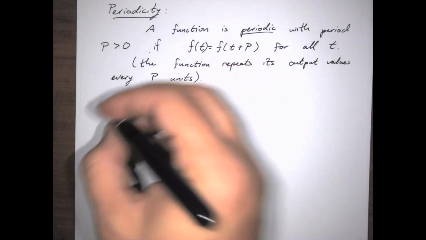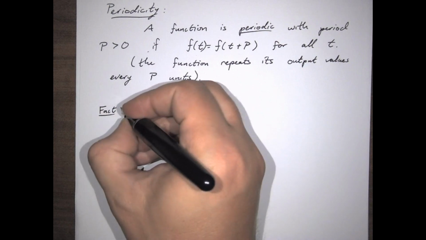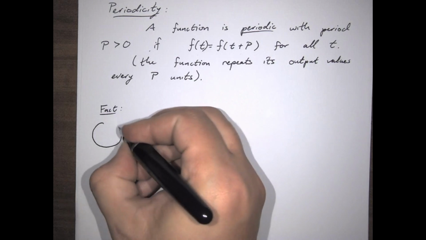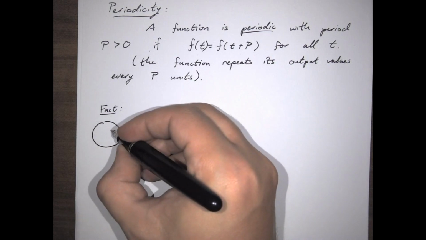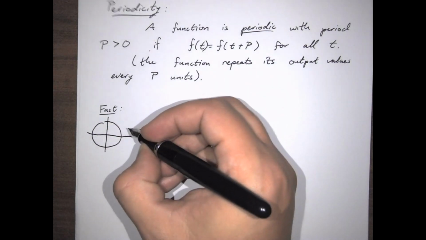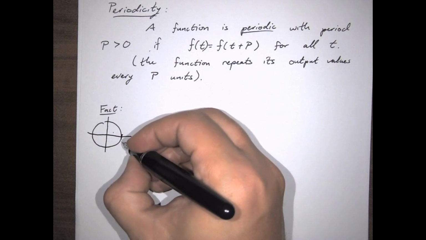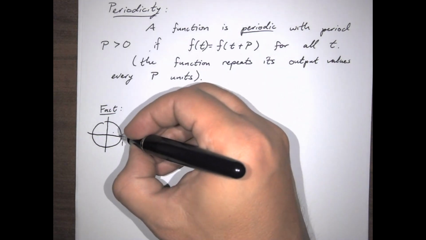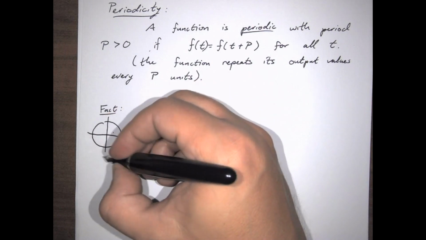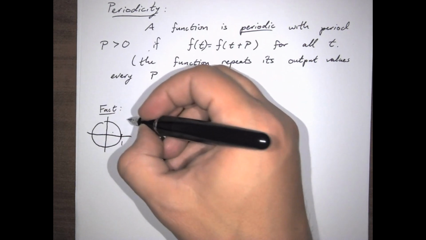Alright, so here's a fact. And in order to inspire the fact, we'll just meditate for a second on the circle. If we are talking about the unit circle, a circle of radius 1, and we are moving around the circle in the standard trigonometric orientation, and we look at just the y values, that will give us the sines.